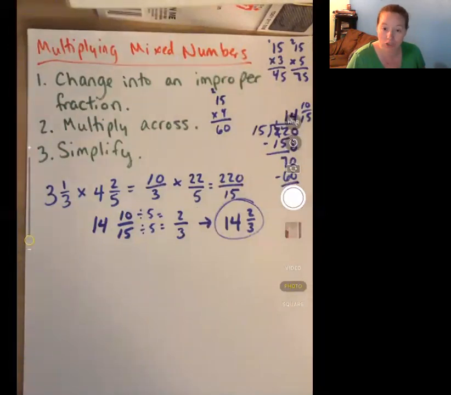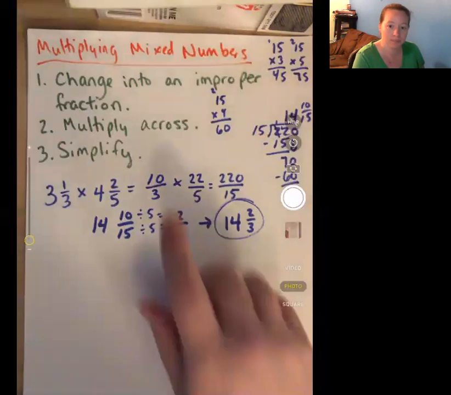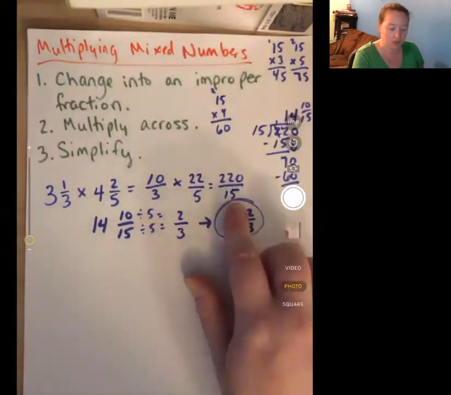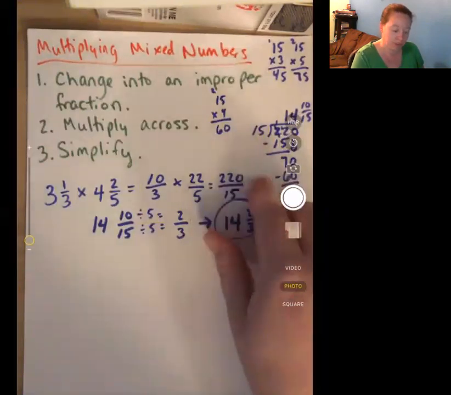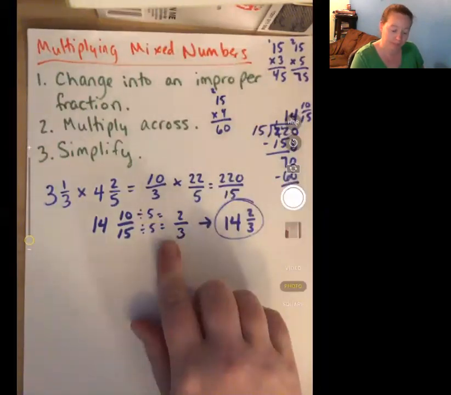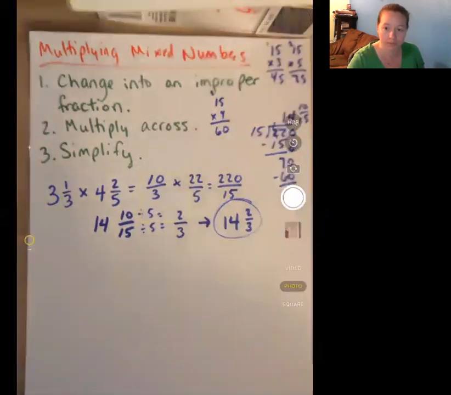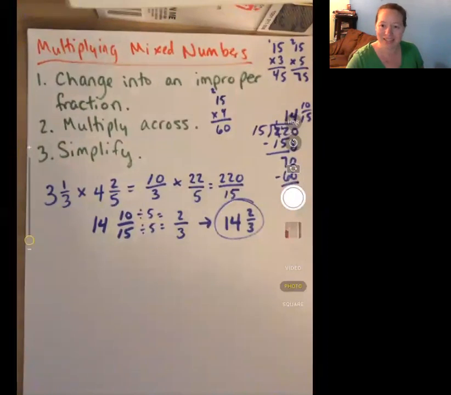Okay, you change both to improper fractions. You multiply across like normal. You divide out. You simplify. And you end up with your mixed number answer. So 3 1/3 times 4 2/5 was 14 2/3. Talk to you later. Bye.